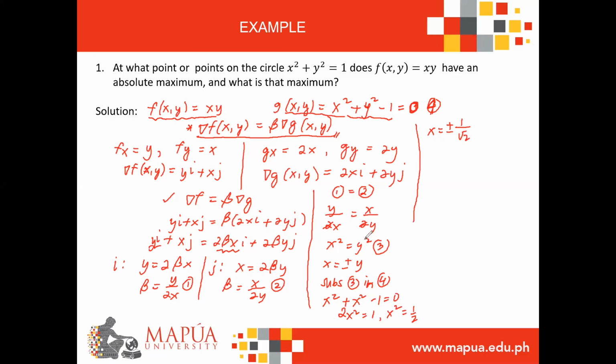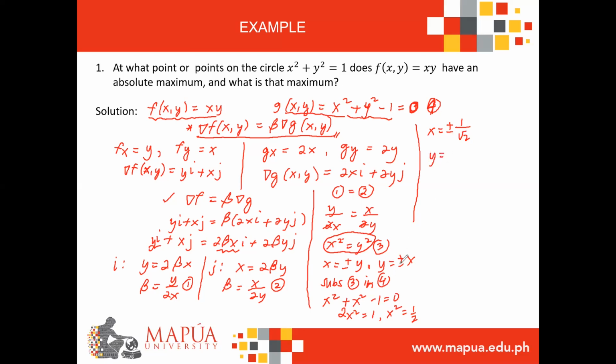So in that case, if x is equal to plus and minus 1 over square root of 2, we can also now define what is y here. So we can also write this as y equals plus and minus x from this equation. So instead of having x equals plus and minus y, we can also write this as y equals plus and minus x.